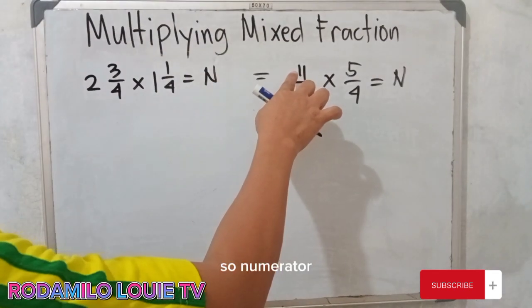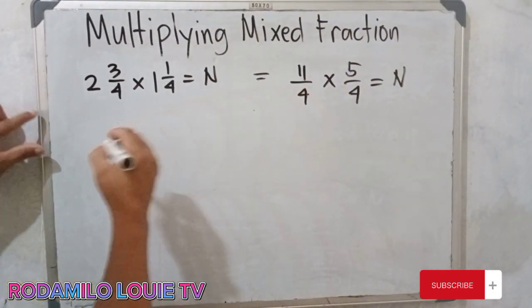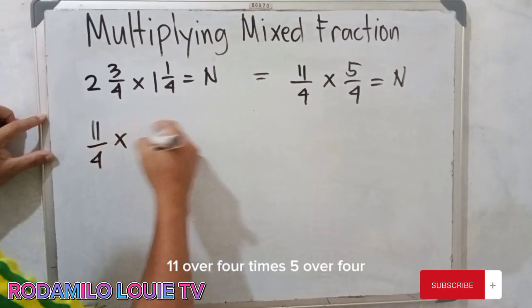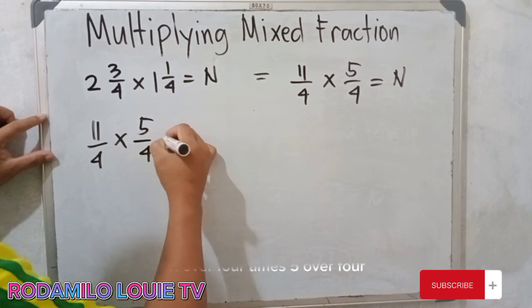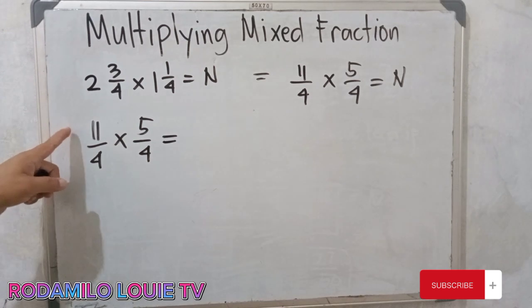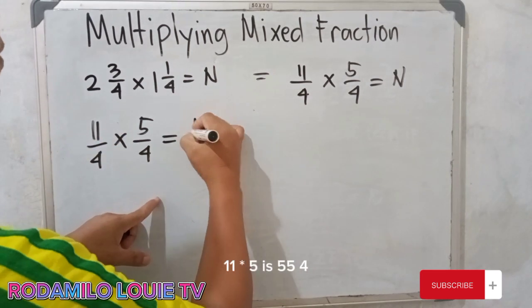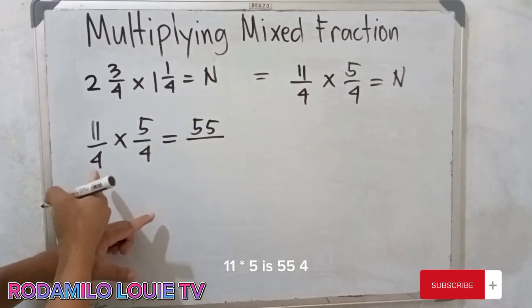So, numerator and denominator. 11/4 times 5/4. So, maka-multiply na ta. So, 11 times 5 is 55. Kopyahan ko na ito ang 4.